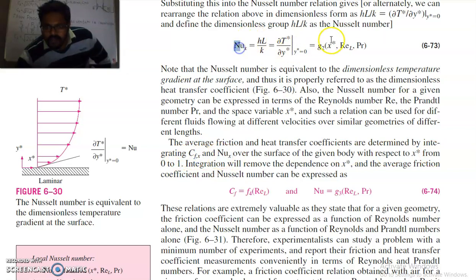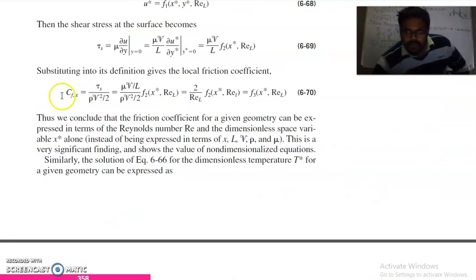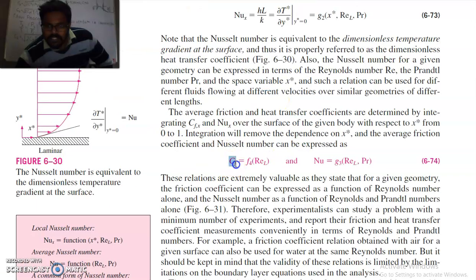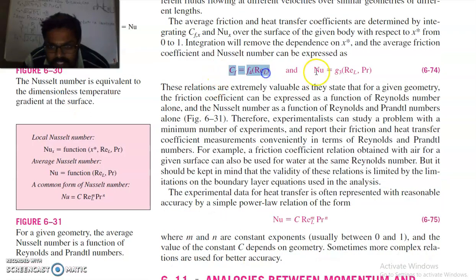Now if you integrate this, you will remove x, and you will get a new function G3, which is a function of Reynolds and Prandtl number. And when you integrate this local friction coefficient, x will be removed and you will get Cf, which is the average friction coefficient, a function of Reynolds number. So these two relations are valuable.